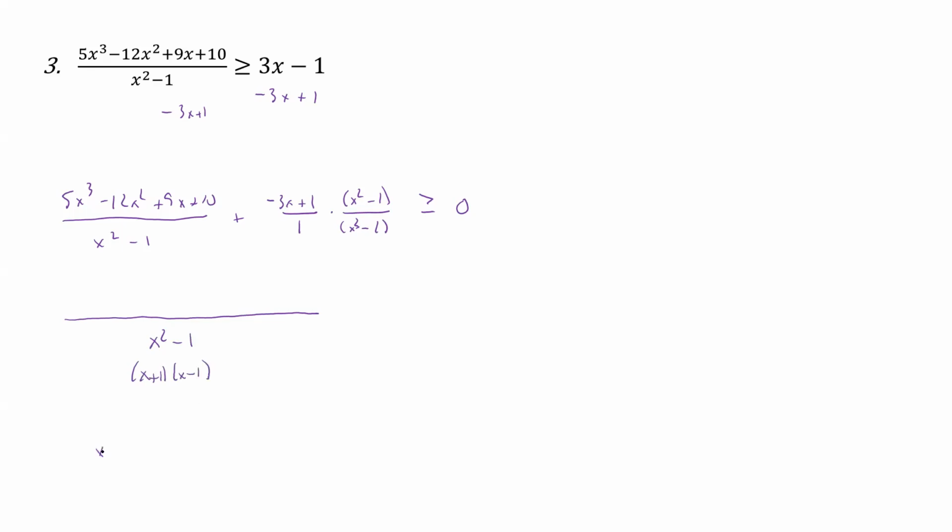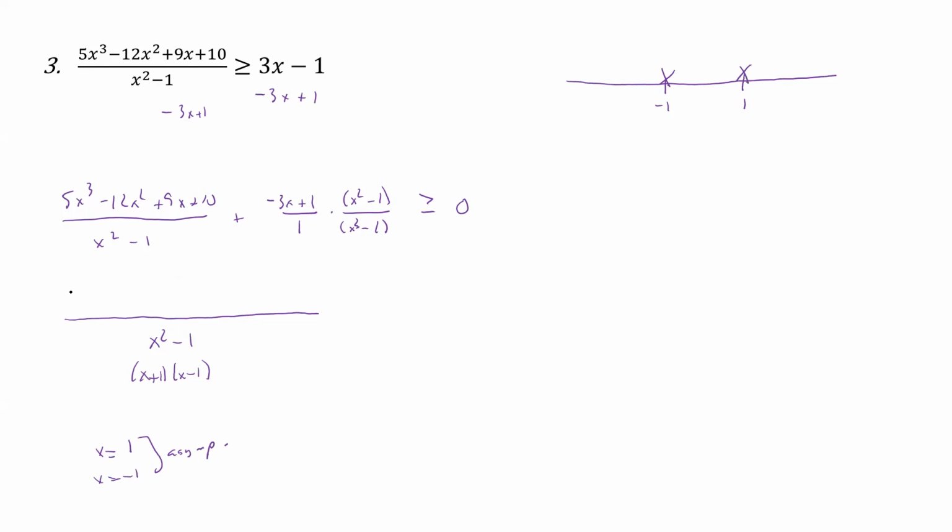So our asymptotes, x equals 1, x equals minus 1, are already found. And so if we're going to do a number line here, we'll have a minus 1 and a plus 1. Okay, and those are asymptotes, so they can't actually be part of the solution.